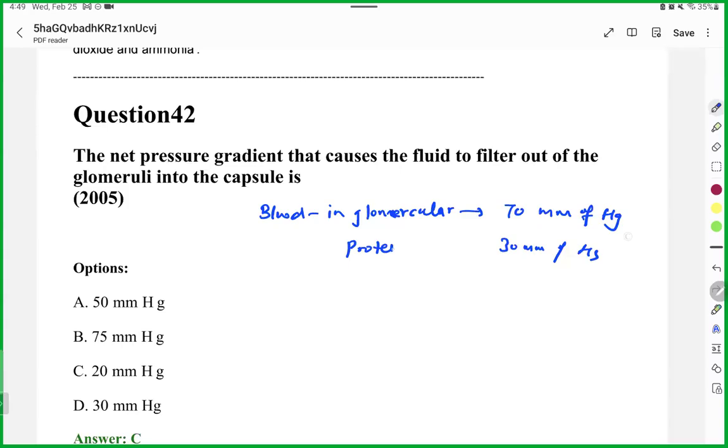Plasma protein acts in the opposite direction. They will attract water. They will not allow it to move easily. Second, there is hydrostatic pressure by the fluid in the urinary tube. In Bowman capsule, there is some fluid that will put hydrostatic pressure, so it will not allow filtrate to enter the Bowman capsule. How much is this? 20 mm of Hg.